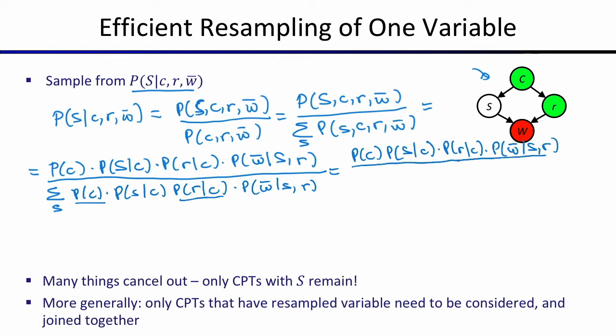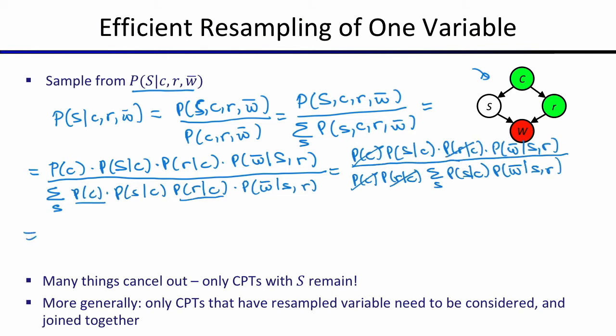This is going to be divided by the probability of c, the probability of r given c, and the sum over s of the probability of s given c and the probability of not w given s and r. Good. And now we can cancel these two terms, and we can cancel these two terms here.